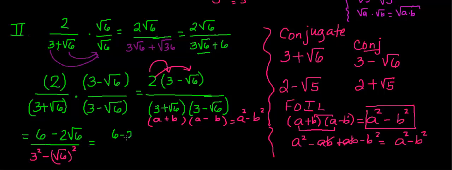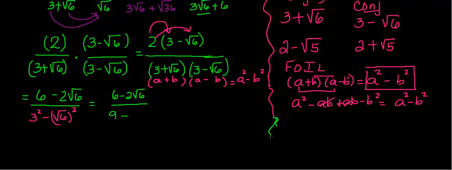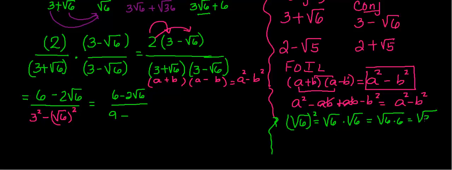And that is going to equal 6 minus 2 square root of 6 over 3 squared is 9 minus, and the square root of 6 squared, let me go off to the side a little bit here and explain this. Square root of 6 squared, that's the same thing as saying square root of 6 times the square root of 6, which is the same thing as the square root of 6 times 6, which is the same thing as the square root of 36, which is 6.